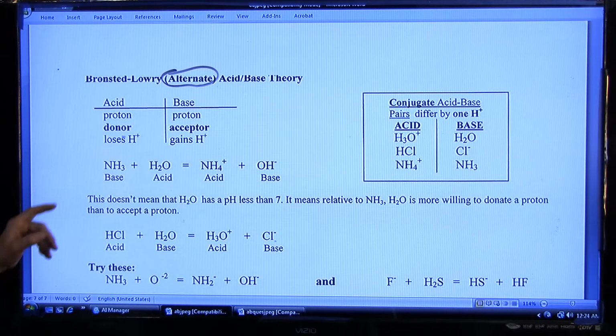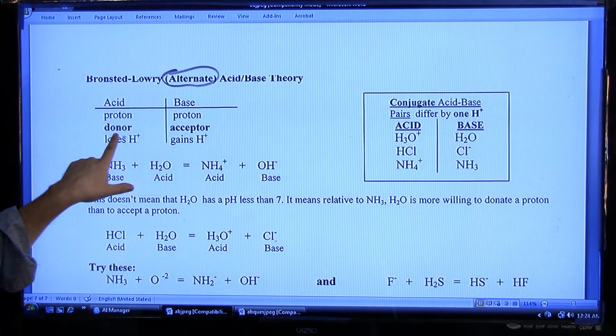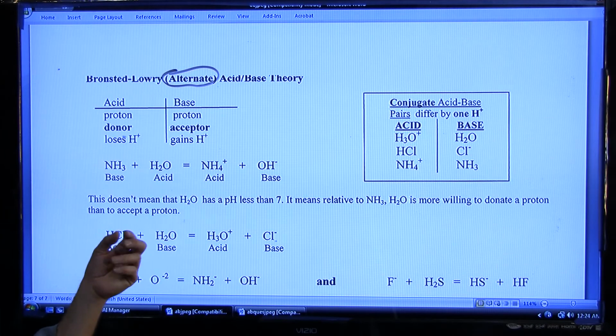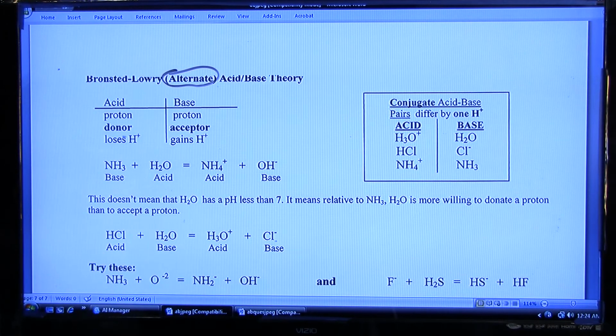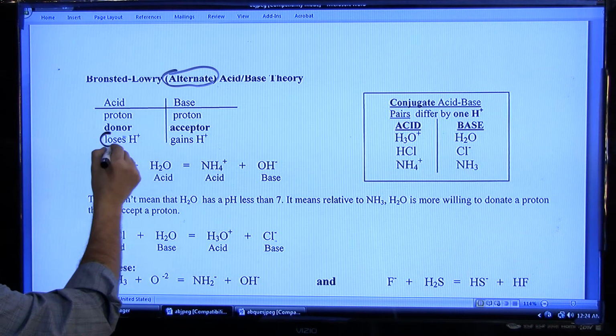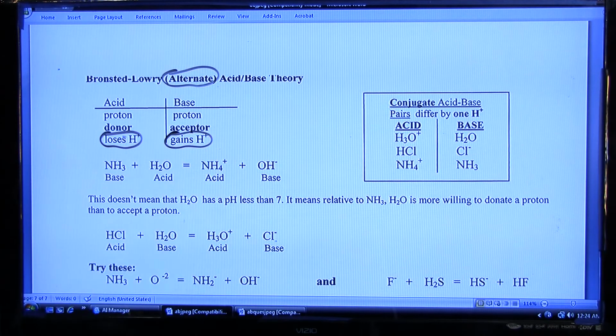So in this case, an acid is a substance that donates hydrogen ions, and a base is a substance that accepts, well, the word species I think is better than substance, that accepts hydrogen ions. Or another way of saying it is acids lose H plus and bases gain H plus.